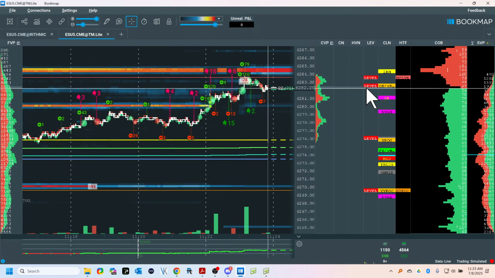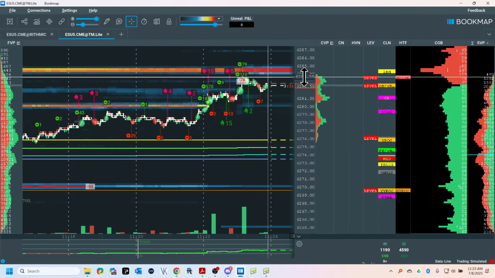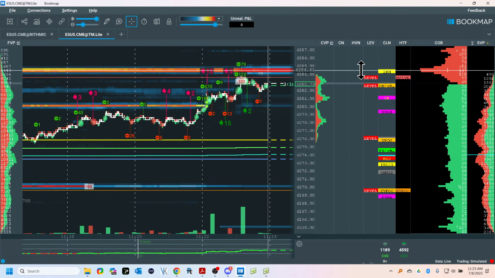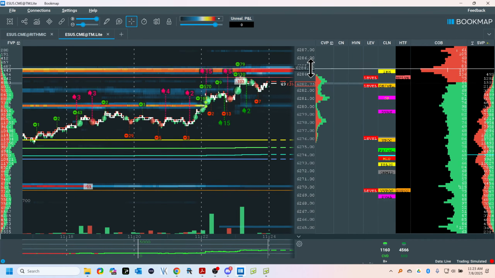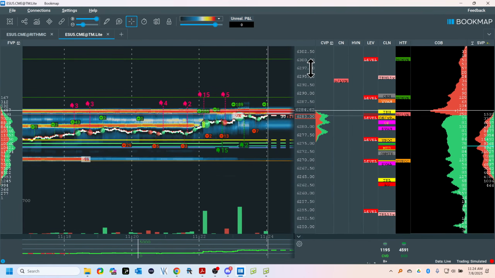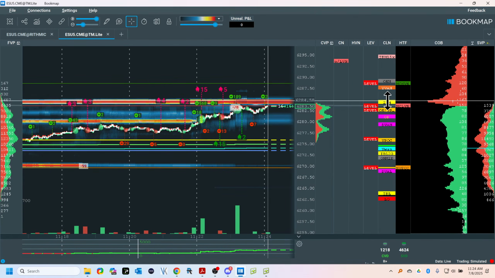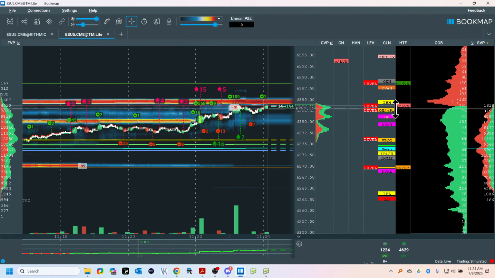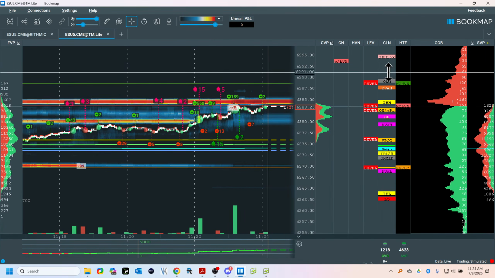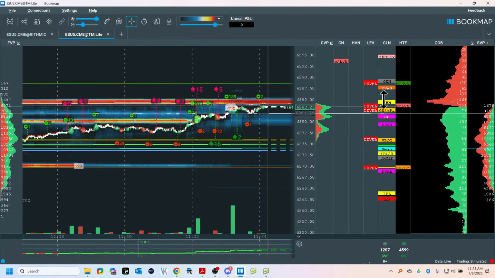Now, these are not automatic buy sells. For me, I need alignment. So we want to see, now this is the current high of the day. If I take this out, and I come up, I have resistance out in this area, potentially.